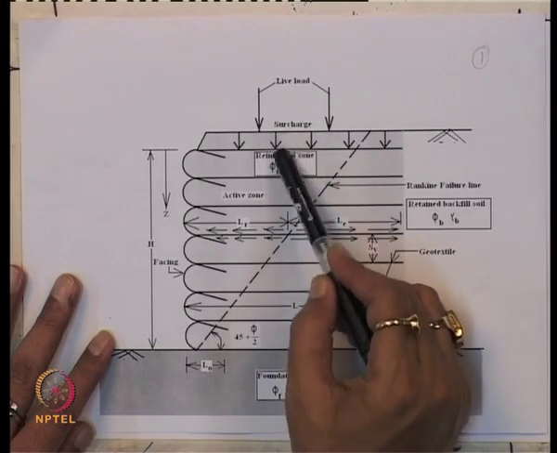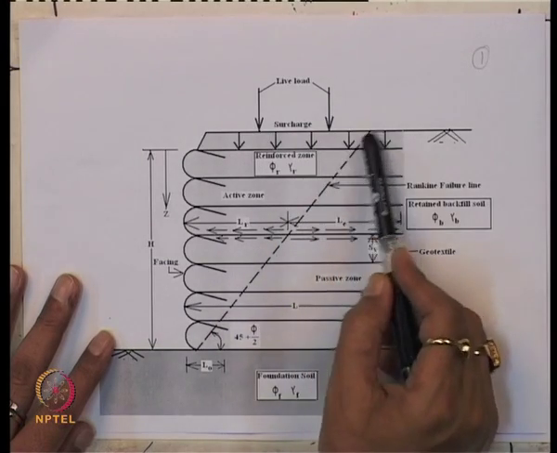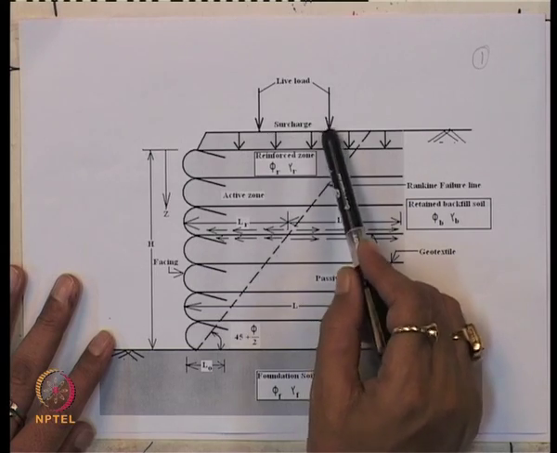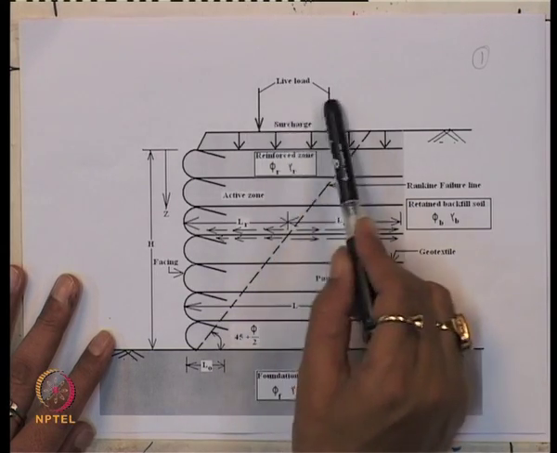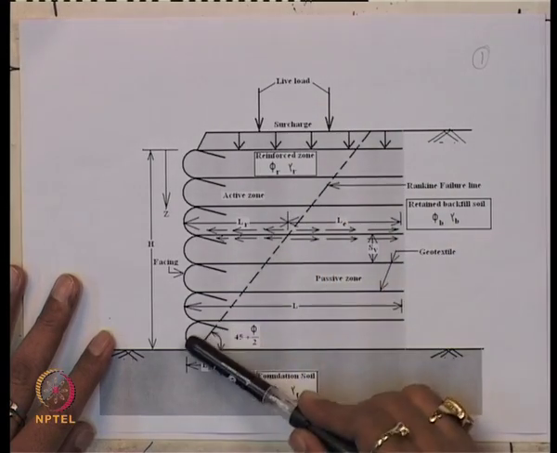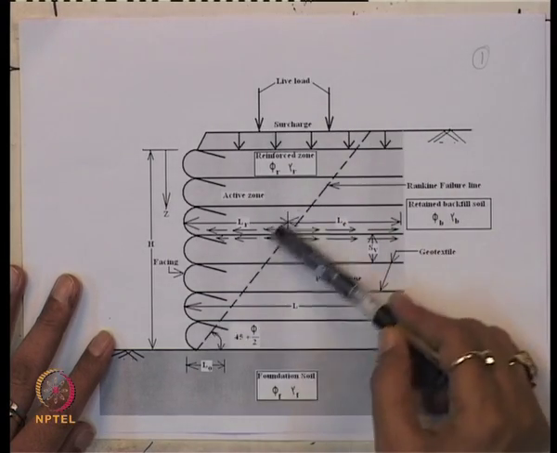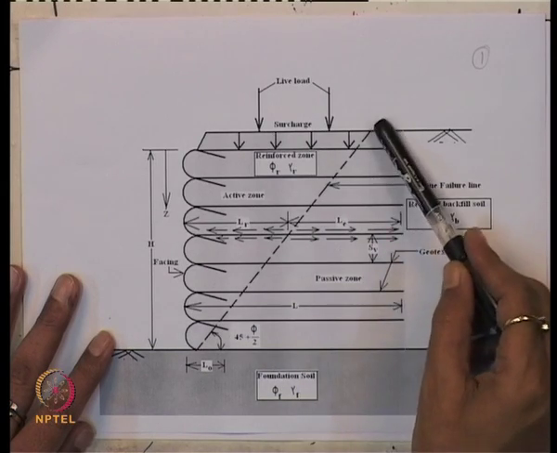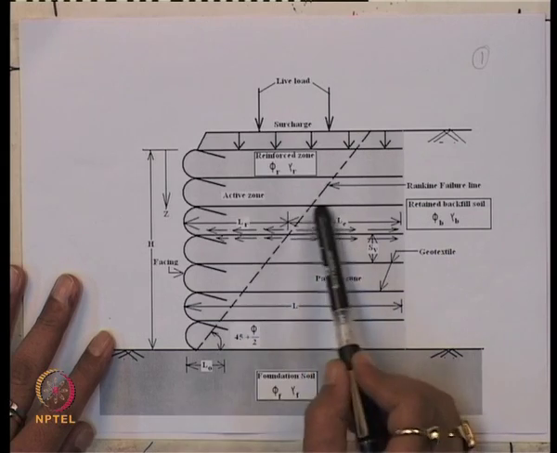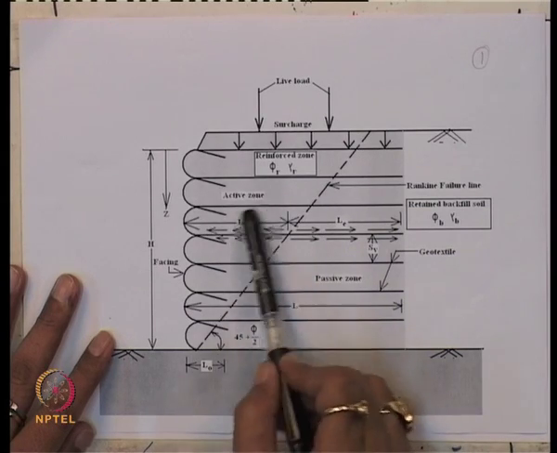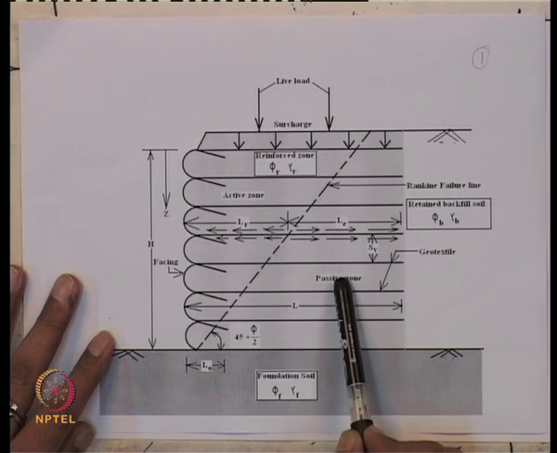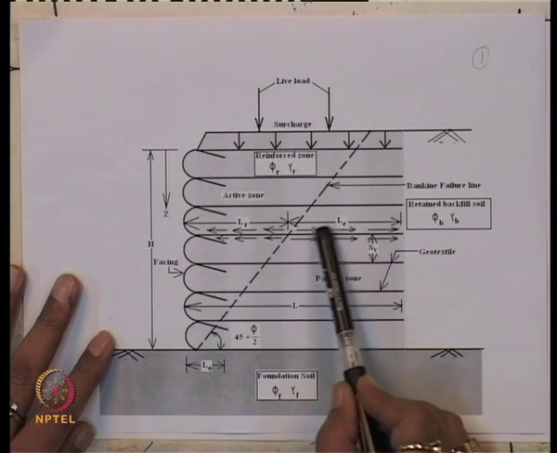There is also the surcharge load here on the top of the wall, and apart from that there is a live load. Here is the live load, and this is the Rankine failure line, which divides this reinforcement into two zones. This zone we call the active zone and this zone we call the passive zone.